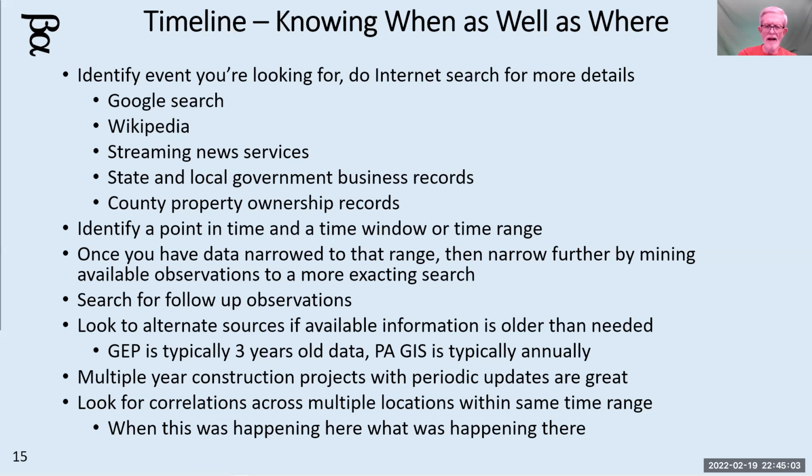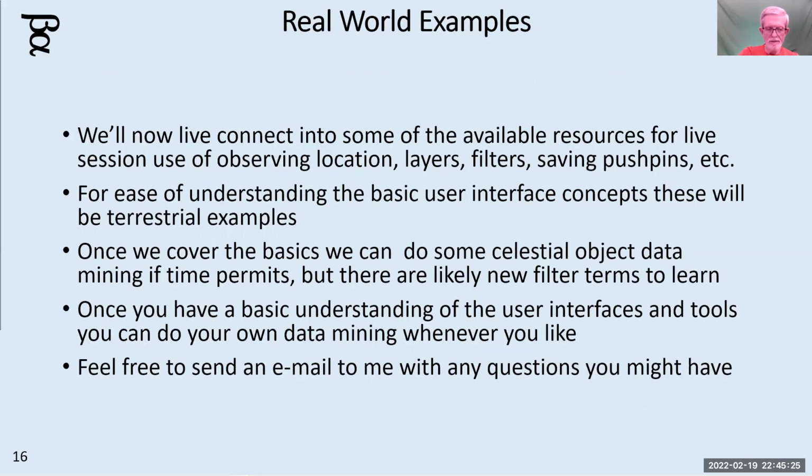And also look for not just what you're looking at now, but changes in the past, and sometimes you can look at predictions of changes across the future. So it's not only the stake in the ground where you're looking, it's how it was and how it's going to be. So now we're going to do some real world examples.